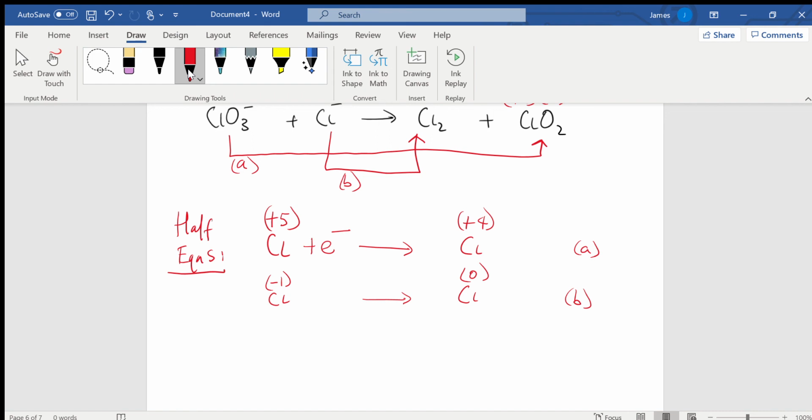So I've got a gain of electrons, so I know that A is reduction. If I've gone from a -1 oxidation state to a 0, I must have lost an electron, so I've got an electron as a product. This is oxidation. So the whole process is redox.